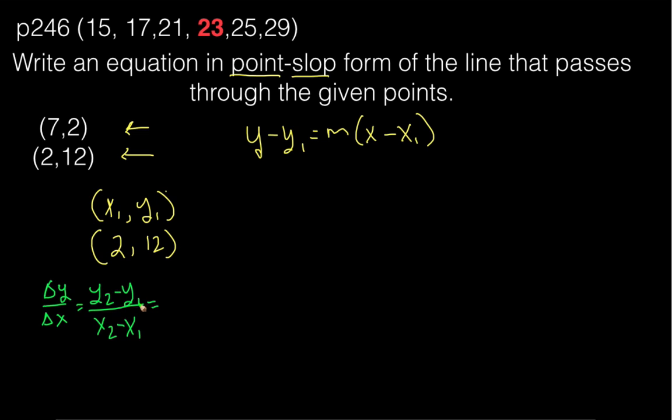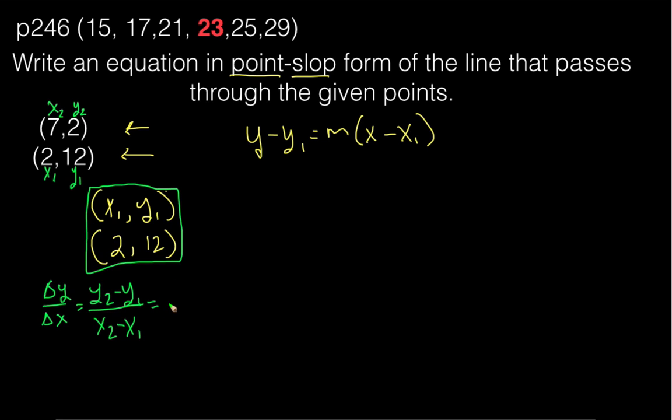I hope this isn't confusing, because this is different than this right here. So which one of these would be my x1, y1? Which would come first in my x coordinate? This one would, right? So that means this is my x1 and this is my y1. This is my x2 and my y2.